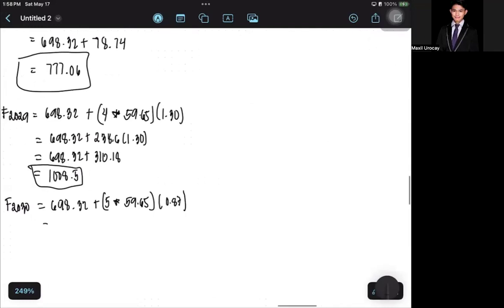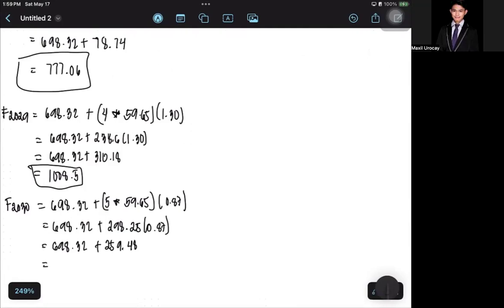Now calculating this one here. So 5 times 59.65 is definitely 298.25, times 0.87, that is 259.48.